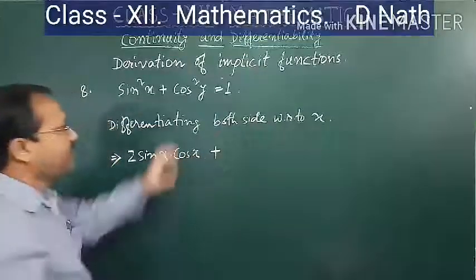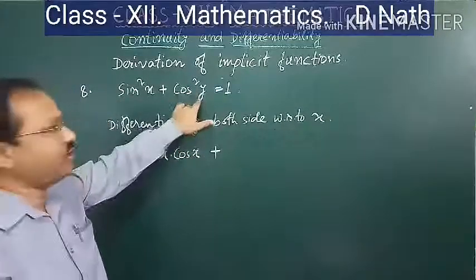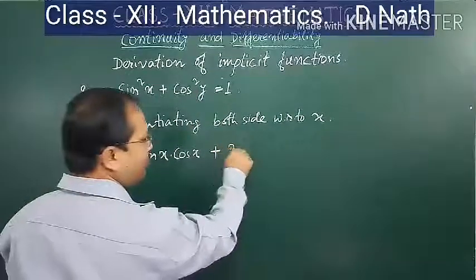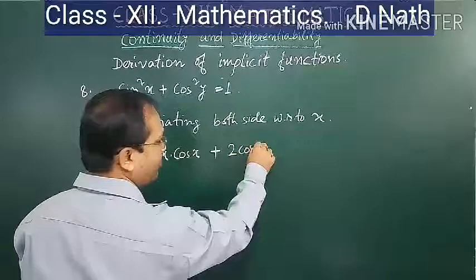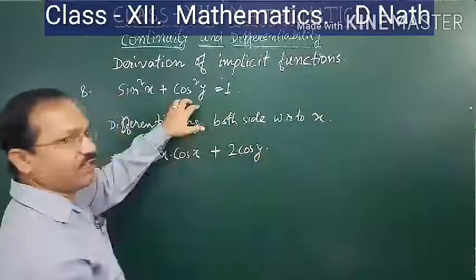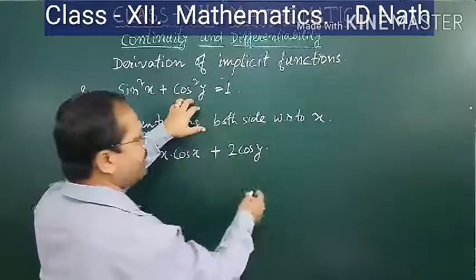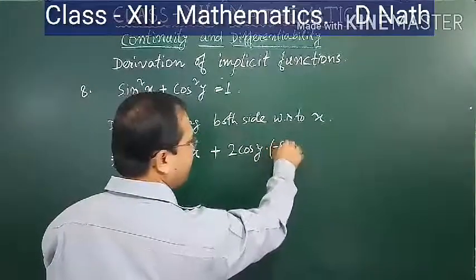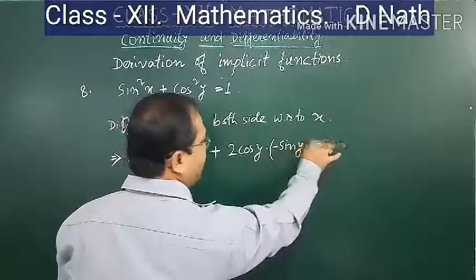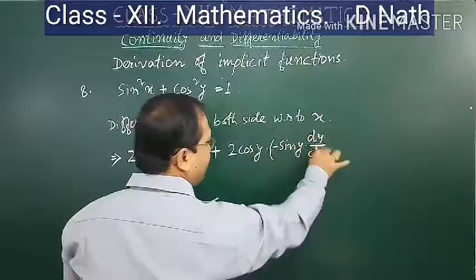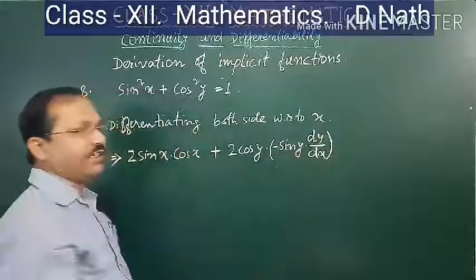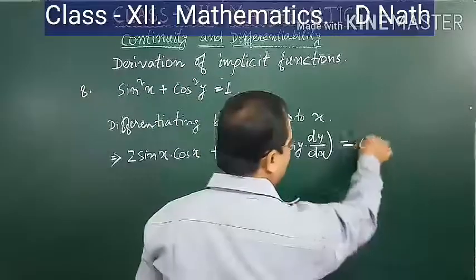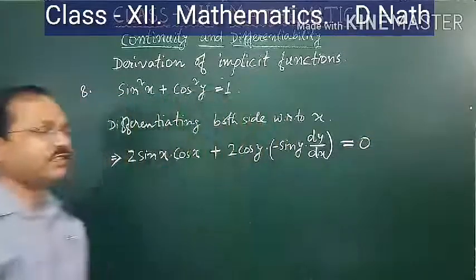Plus, the same here, cos square y, so it is cos y whole square, so it is 2 cos y into d/dx of cos y. d/dx of cos y is minus sin y into dy/dx. Since it is y, again dy/dx. This is equal to d/dx of 1, which is 0.